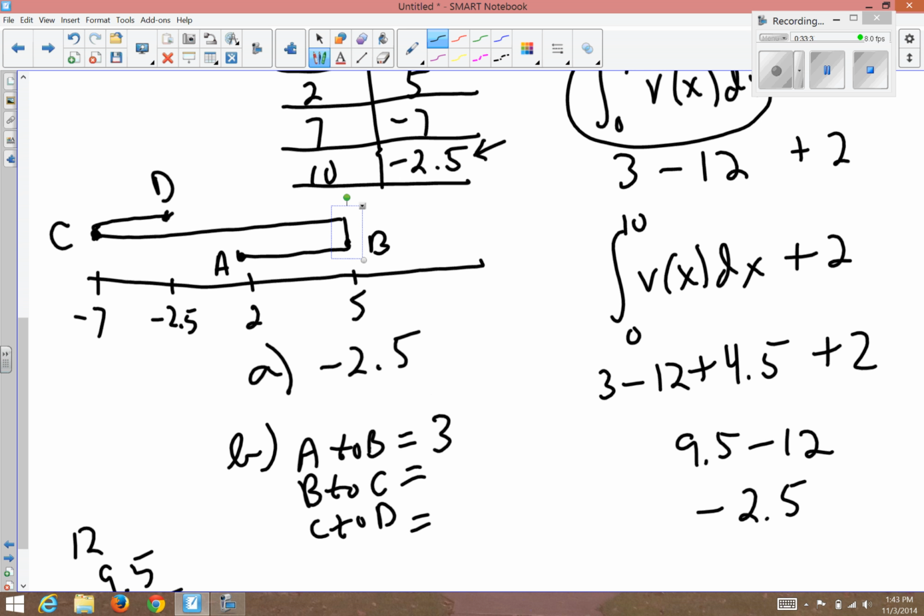From B to C, that's from 5 to negative 7, is 5 minus negative 7, which is 12. And then from C to D, it's from negative 7 to negative 2.5. That means negative 2.5 minus negative 7, which is 4.5. So the total distance from A to B to C to D is 19.5 meters. That's it.